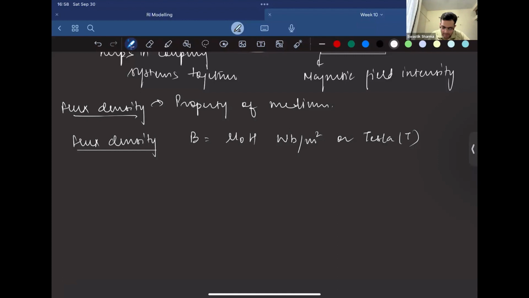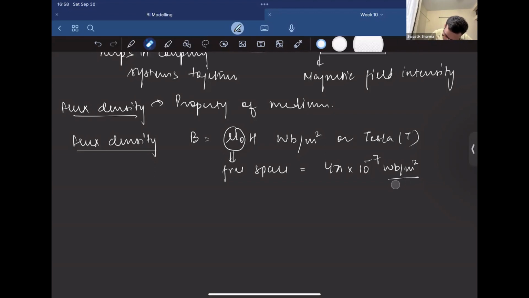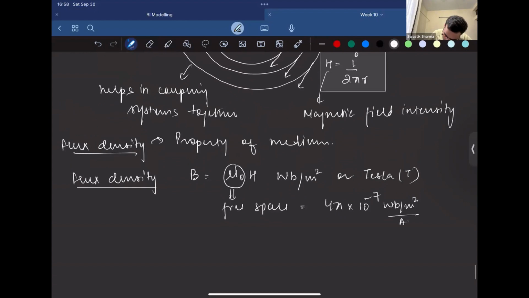Mu naught is generally for free space, and the quantity is given by 4 pi into 10 raised to power minus 7, in Weber per meter squared upon ampere per meter, that is Weber per meter upon ampere.